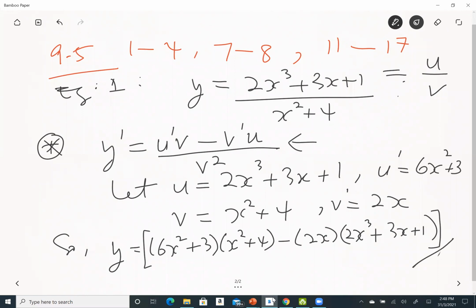So I just put that, and then I have v squared, which is x squared plus 4 to the power of 2. So that would be the quotient rule.